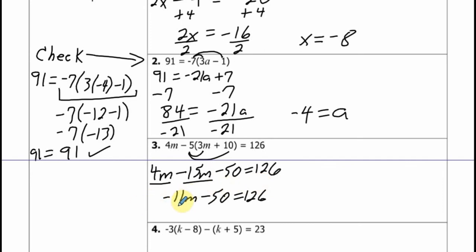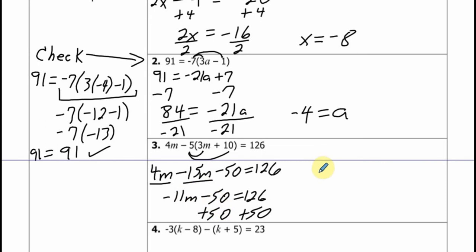So now we have to get m by itself. So I see negative 11 times m minus 50. Again, order of operations says multiply then subtract, but when you solve, you reverse it. So I need to get rid of the minus 50, add 50 to both sides. Okay, rewrite my new equation over here. The 50 and negative 50 cancel.